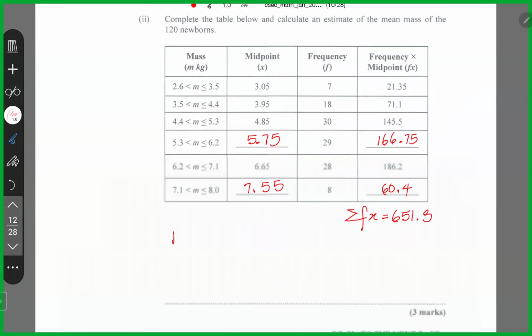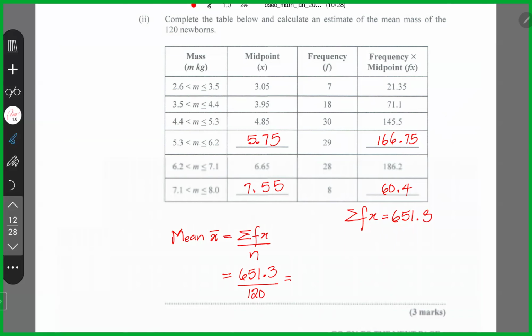Now we're asked to calculate an estimate of the mean. The mean, or an estimate of the mean, x bar is equal to the sum of fx over n. So this is 651.3 divided by 120.